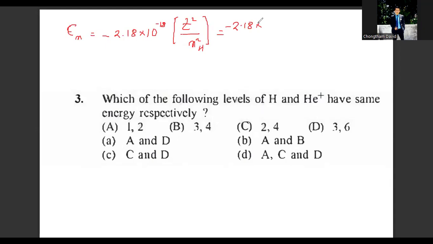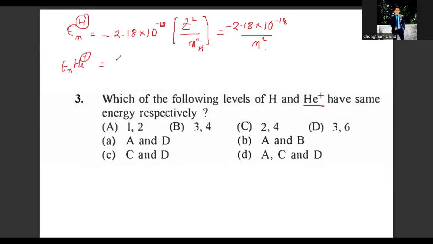Now if you solve this by substitution, minus 2.18 into 10 to the power minus 18, because the atomic number is 1, and n square for hydrogen is 1. But you have the isoelectronic species of hydrogen, that is helium plus.